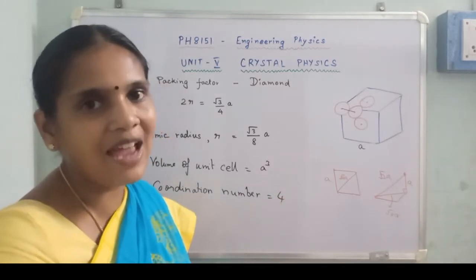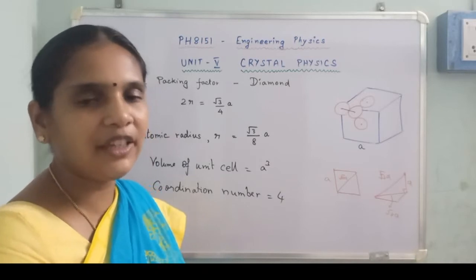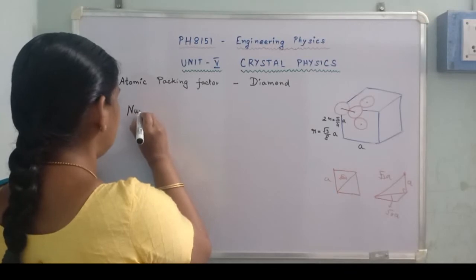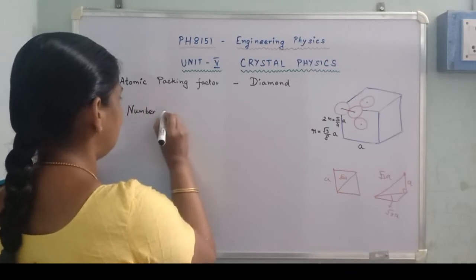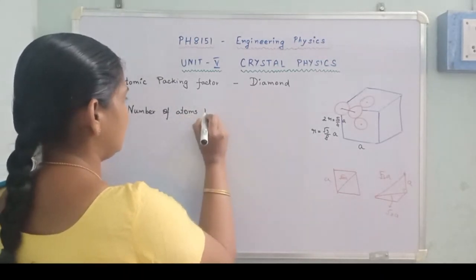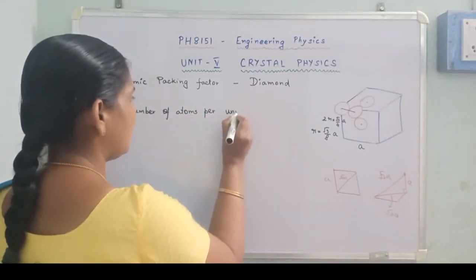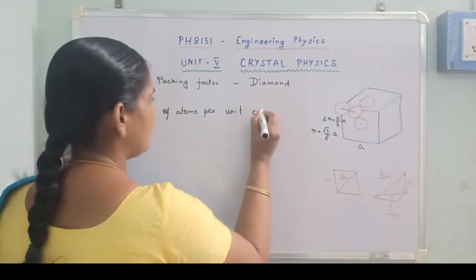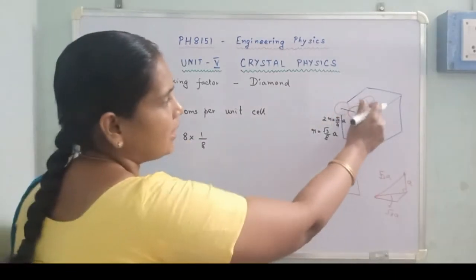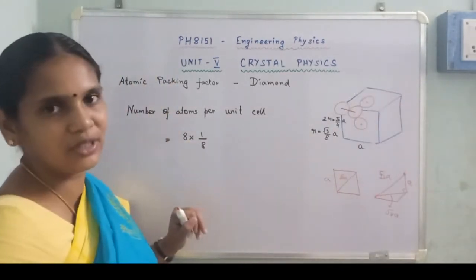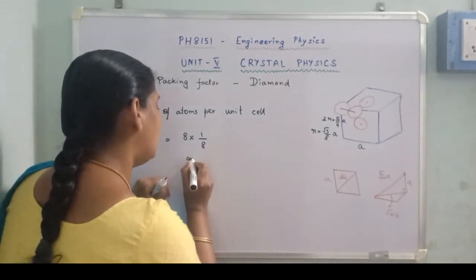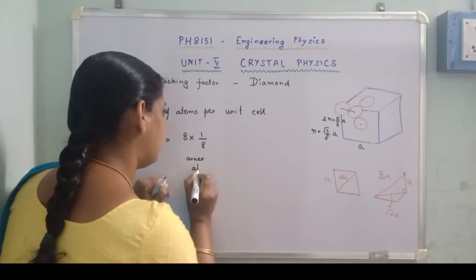What is the number of atoms per unit cell? In case of FCC, you have 8 corner atoms. Each corner atom is shared by 8 adjacent unit cells. This is the contribution due to corner atoms.